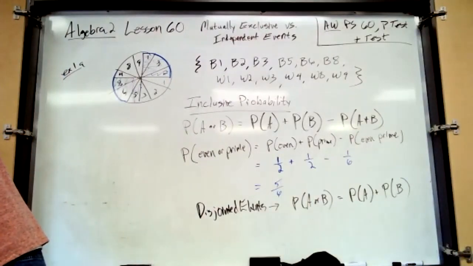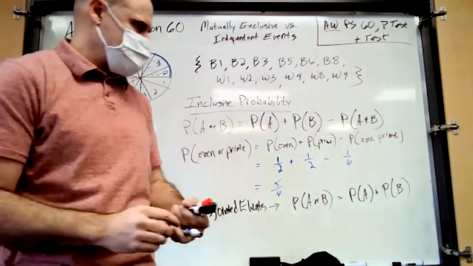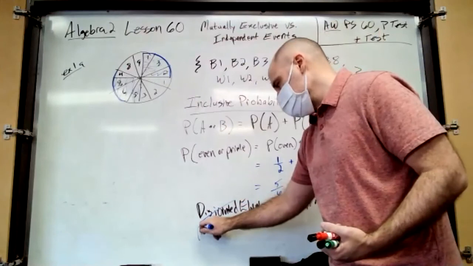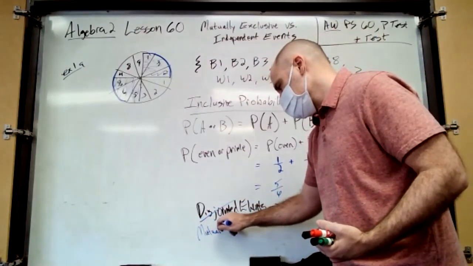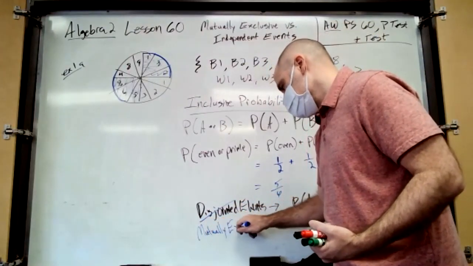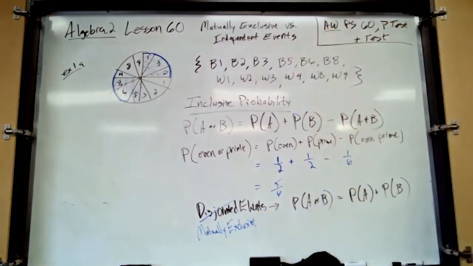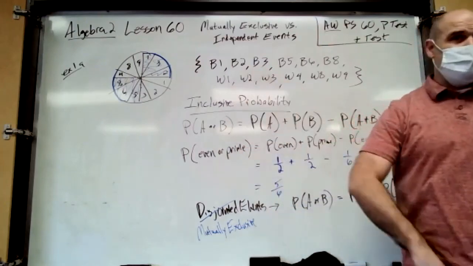Okay, now the disjointed events, sorry, basically we call these mutually exclusive. So instead of disjointed, we're going to call them mutually exclusive. That's where that word comes in. And it makes sense because it's the opposite of inclusive.